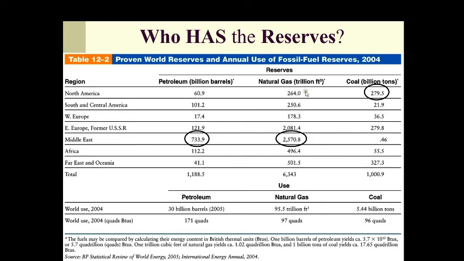Compare that to the United States gas and oil reserves. 60 oil, as opposed to the max in the Middle East of almost 735. The same story with natural gas. It's all in the Middle East.